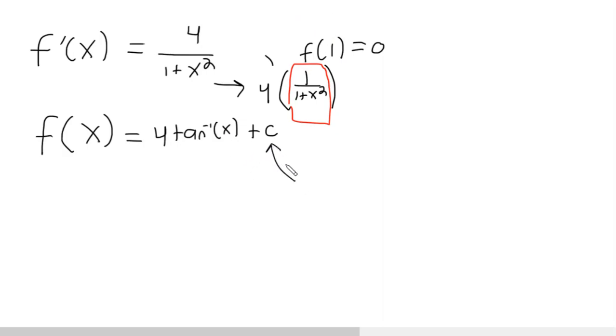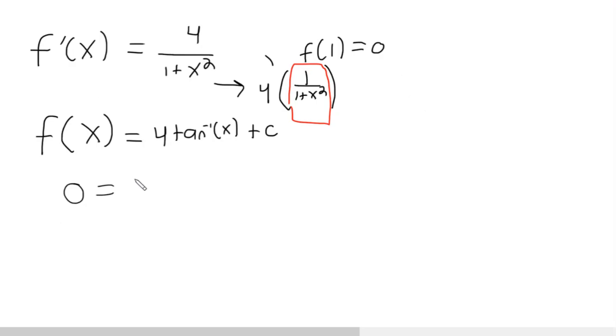It wants you to identify what this c value really is. So all we have to do is set this equal to 0, and we're plugging 1 in for x. We're setting it equal to 0 because this f of 1 is equal to 0.